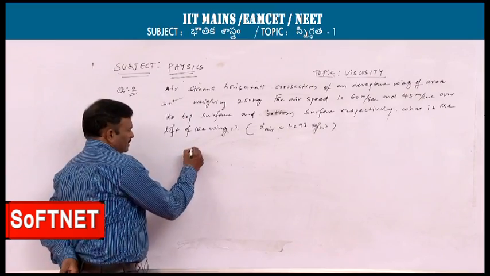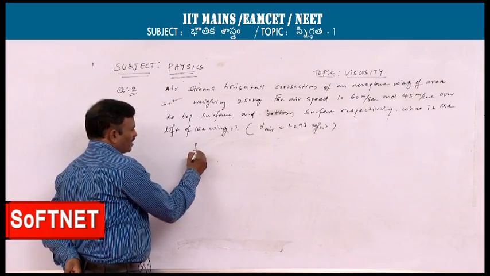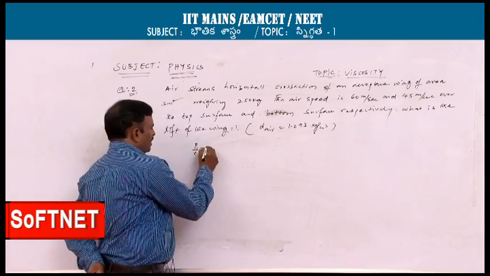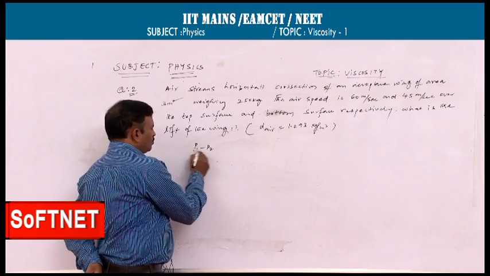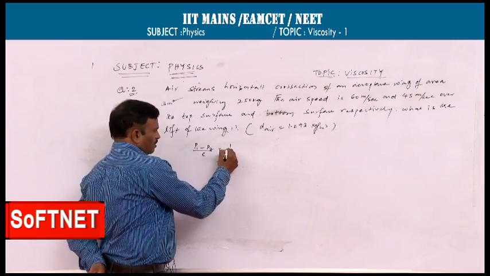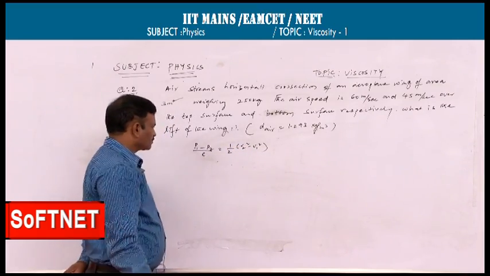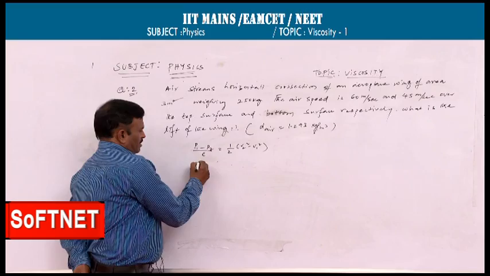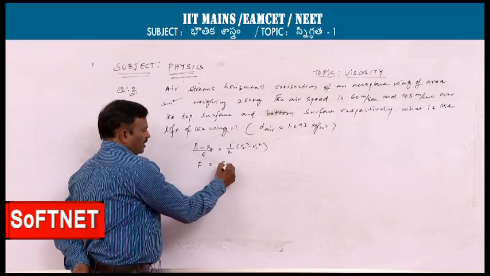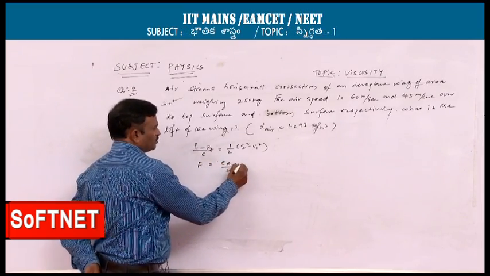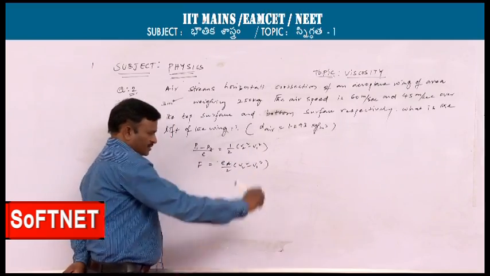So let us see that P1 minus P2 by rho is equal to half into V2 square minus V1 square. Here F equals rho into A by 2 into V2 square minus V1 square.